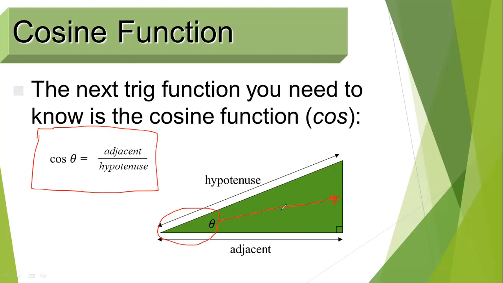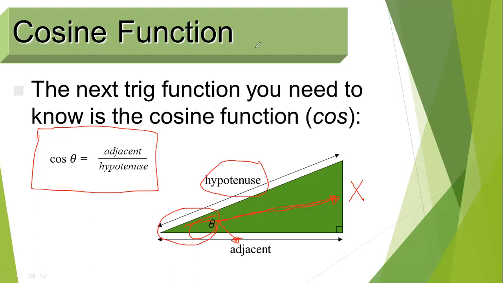Opposite to theta is this side. Adjacent means from the side, so adjacent to that one is this side. Hypotenuse is always the longest side in a triangle.